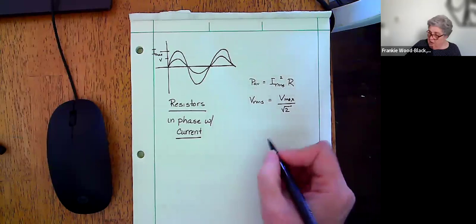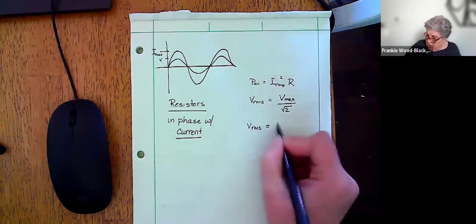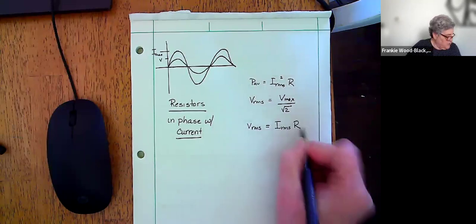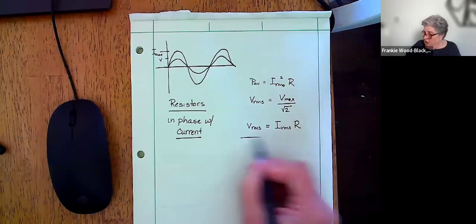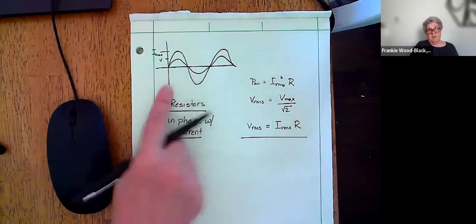And my root mean square voltage is going to equal my root mean square current times my resistor. And all these things work hand in hand with my AC current.